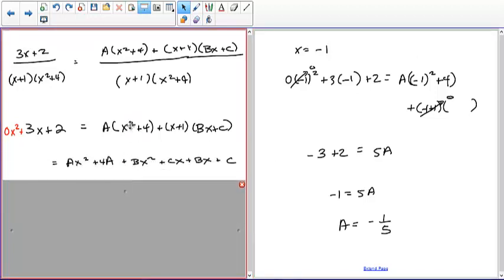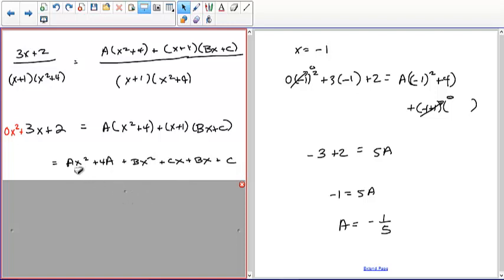So what we do is we multiply all these terms out. So you'll take a times x squared, a times 4, then you use FOIL, so you get x times bx, which is bx squared. Next one would be, nope, sorry, x times c, cx. So that's the outer. The inner is 1 times bx. And then you have 1 times c, which is c.